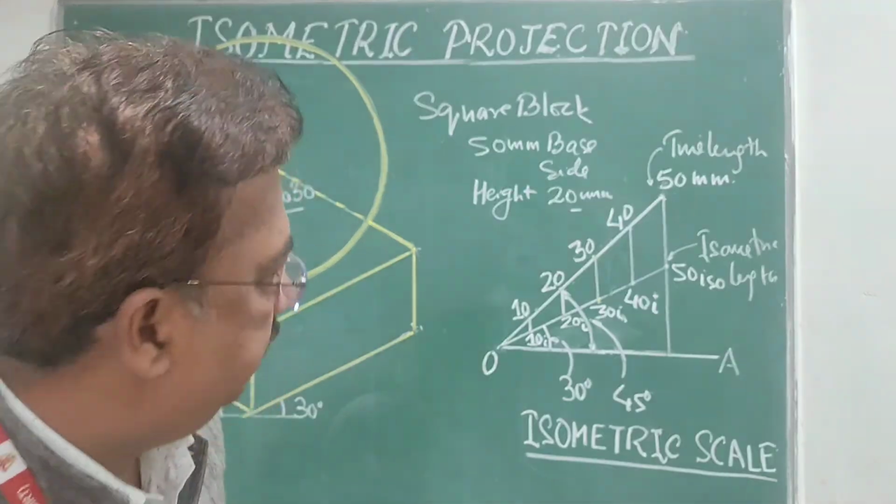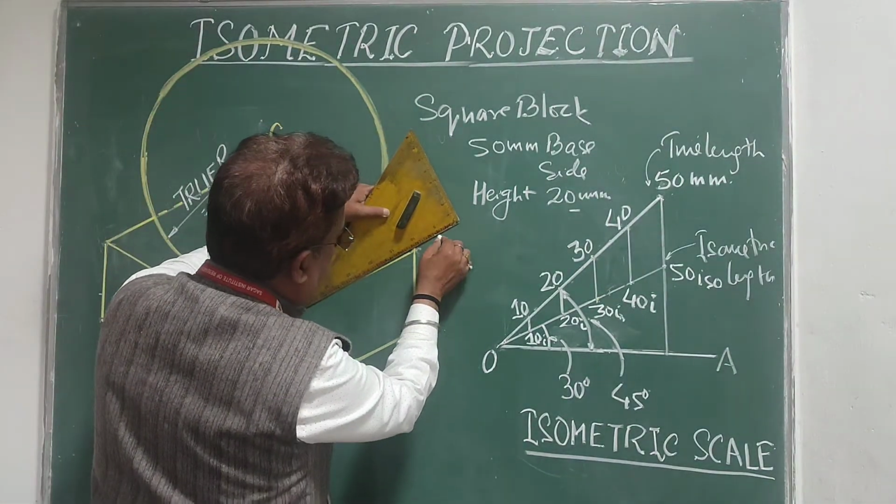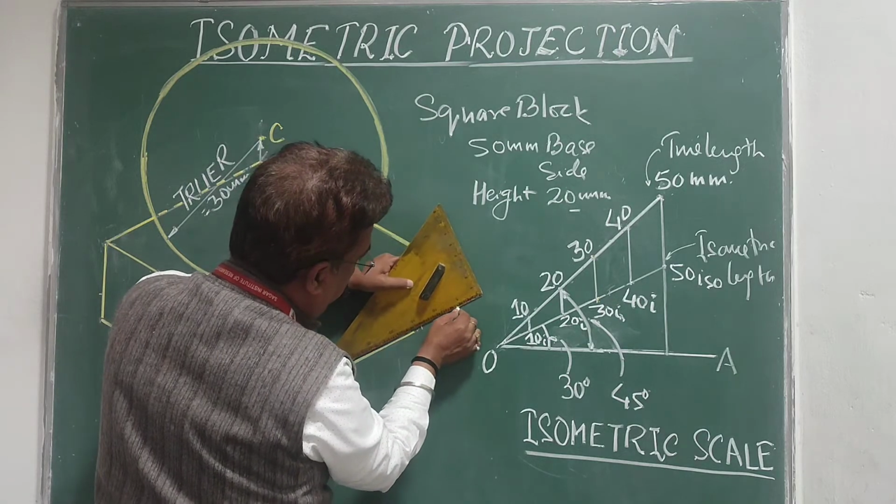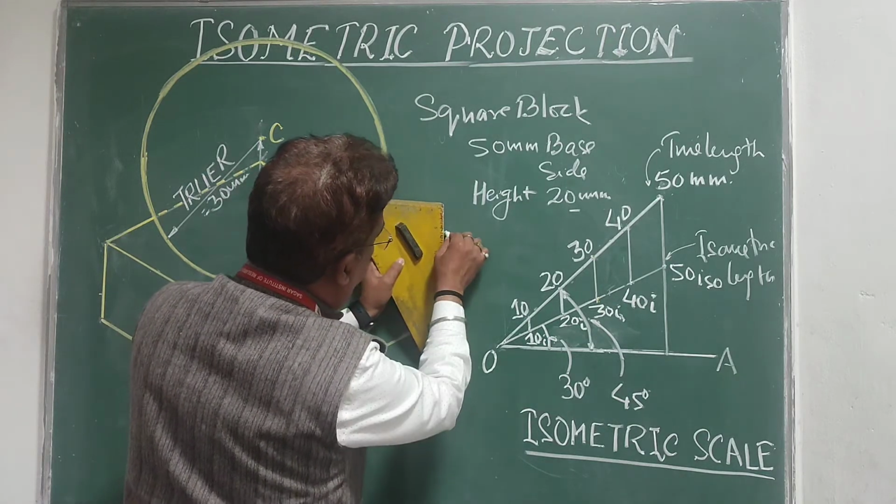And if I want to dimension this, then we will dimension also parallel to these isometric lines.